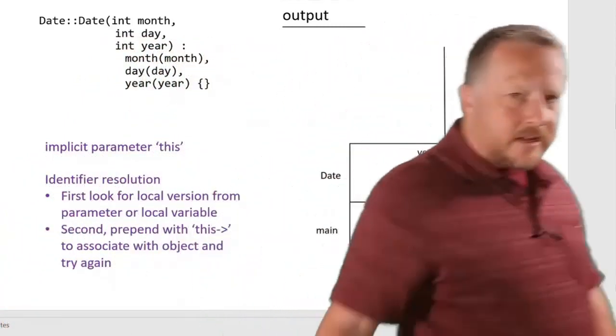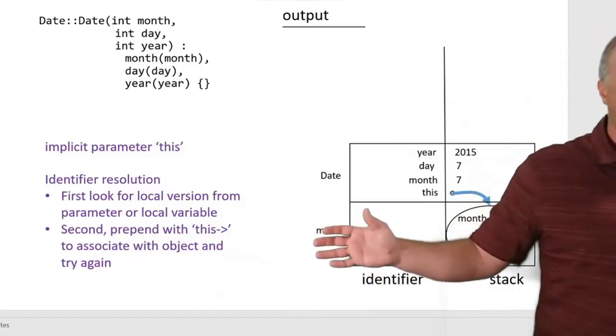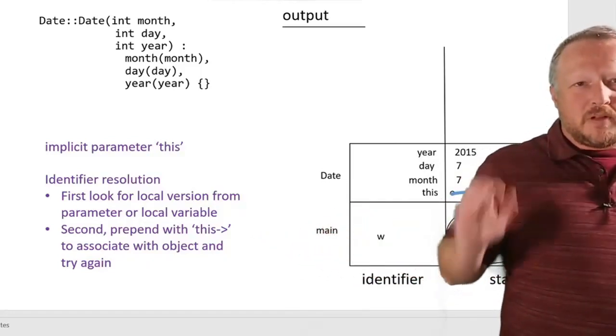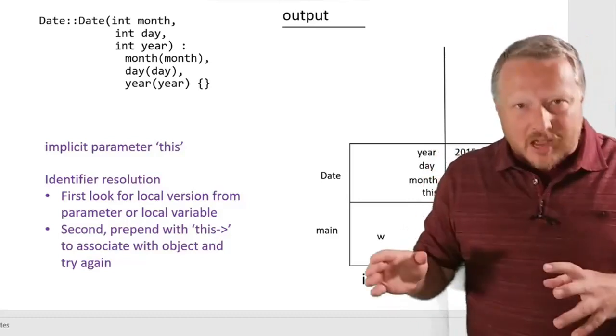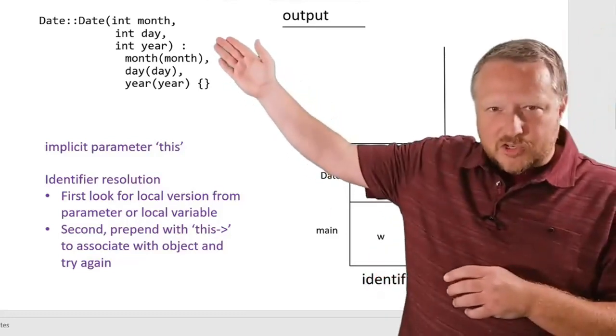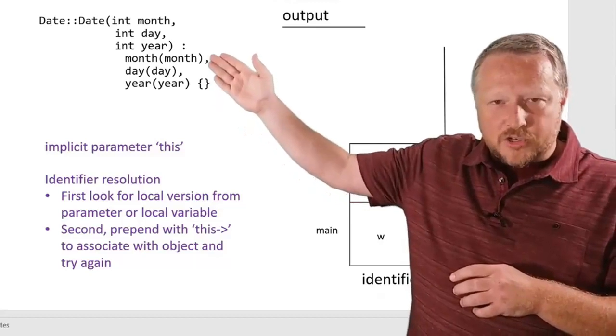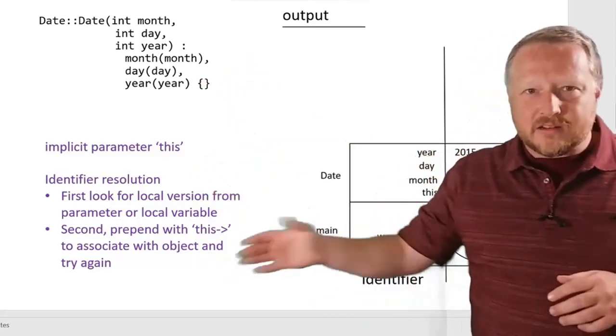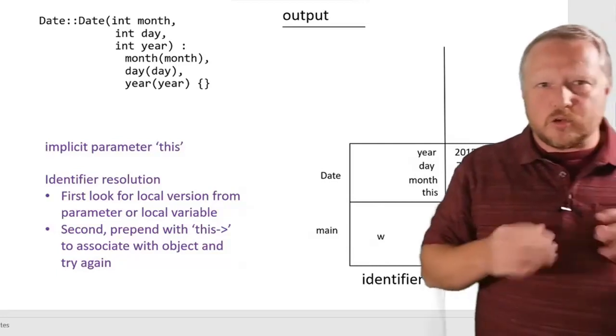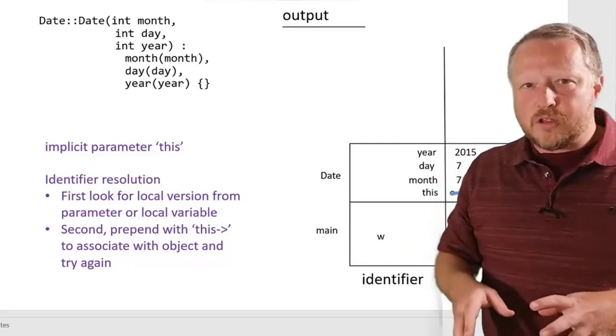But what's happening in the function is just this. Now remember, there's the implicit parameter this in our initializer list. So again, notice this is an initializer list, not just a function. And using the initializer list, you can basically pretend right here, the identifier resolution: look for a local version from the parameter.